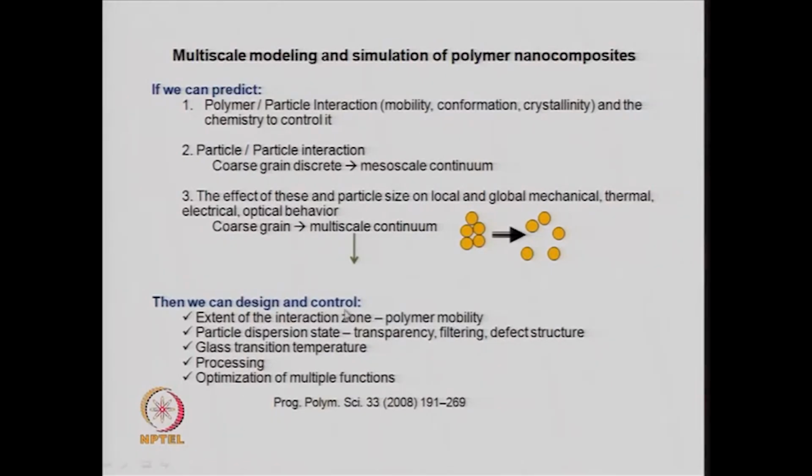And if you can predict all these things, then you can optimize the processing conditions and you can optimize the various properties or functions of these nanocomposites or polymer based nanocomposites.